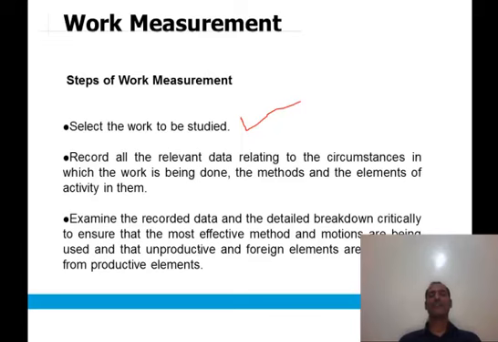Third, examine the recorded data and the detailed breakdown critically to ensure that the most effective methods and motions are being used and that unproductive and foreign elements are separated from the productive elements. Then, for the third point, we have to concentrate on the most effective methods.